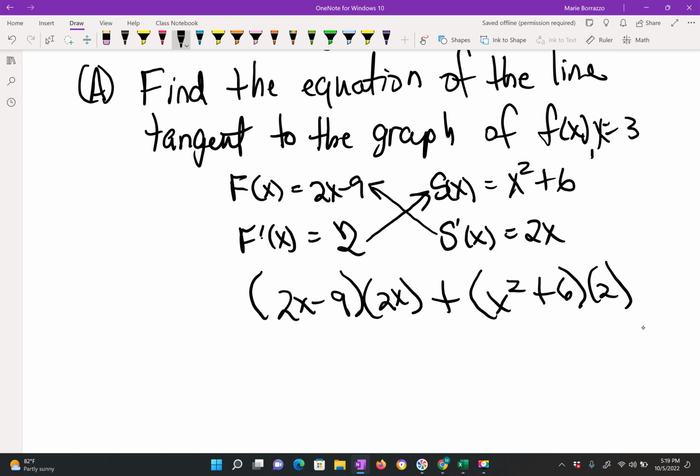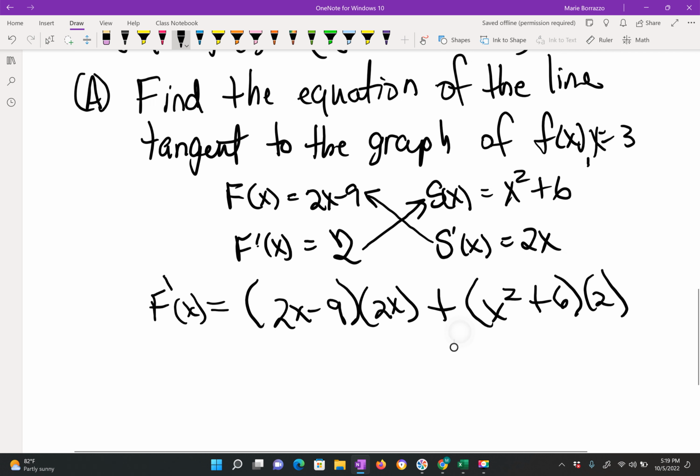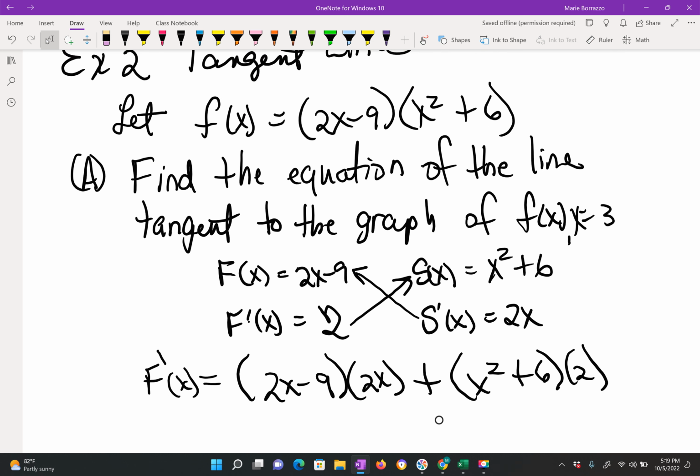All right, so first we're going to do f of x, which is just the product, since they give us this value up here. If I substitute in 3, 2 times 3 minus 9 gives us minus 3, and 3 squared plus 6 is 15.